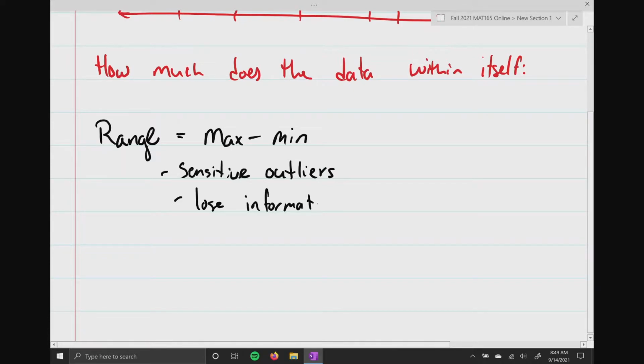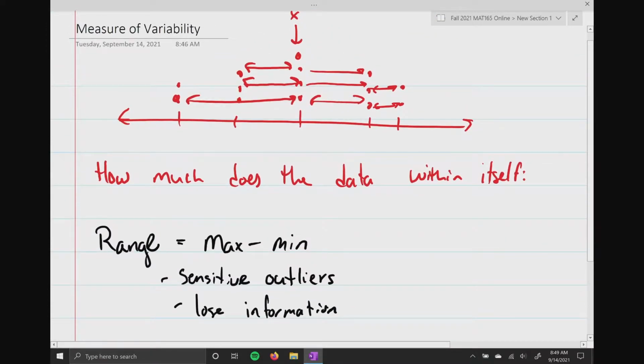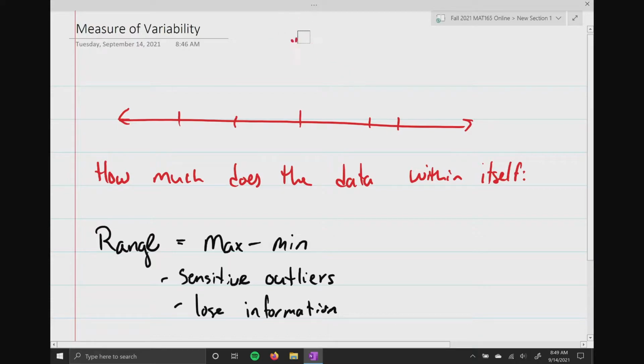A great example of this would be something along the lines of what I have here above. Notice here I have all this data that's been collected. Let me just draw it again. And let's say, for example, you have this point all the way over here.